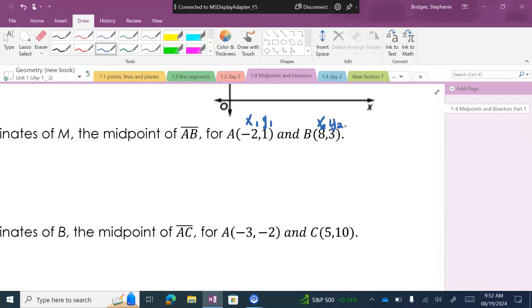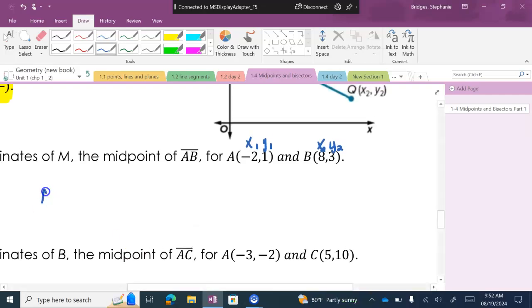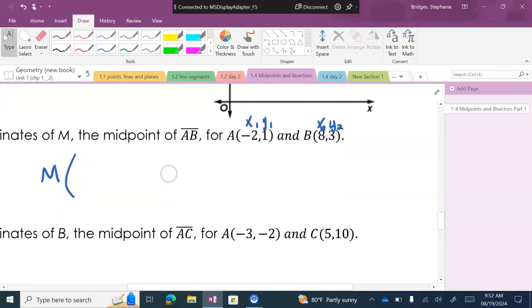Again, to find the midpoint, what we want to do is add the 2 x values. What are my 2 x values? -2 plus 8, and we're going to divide that by 2. What's -2 plus 8? 6, and then 6 divided by 2 is 3. So my x value is going to be 3.